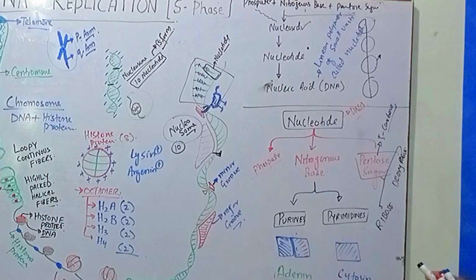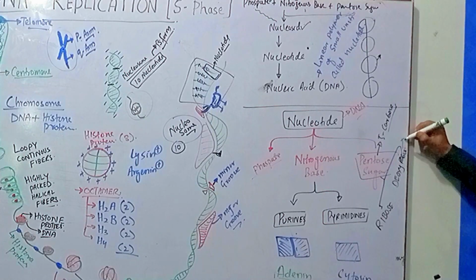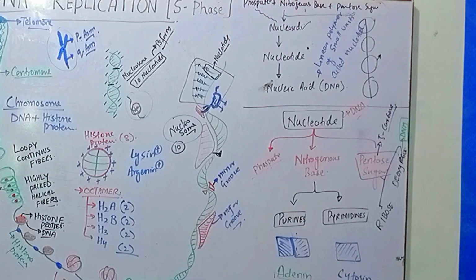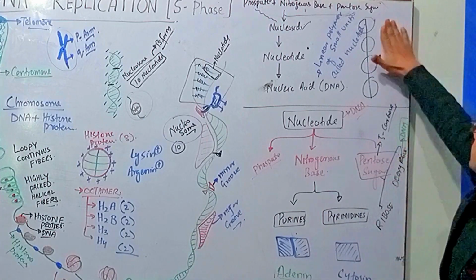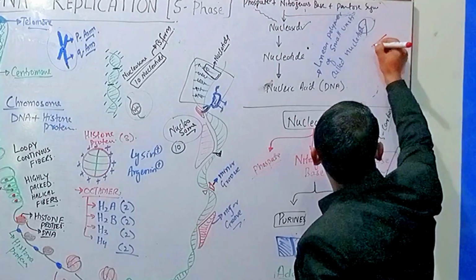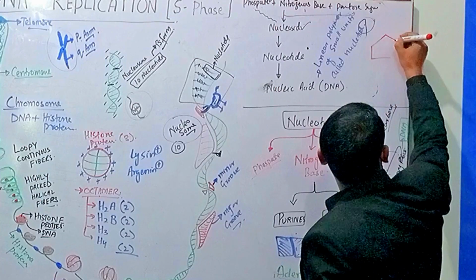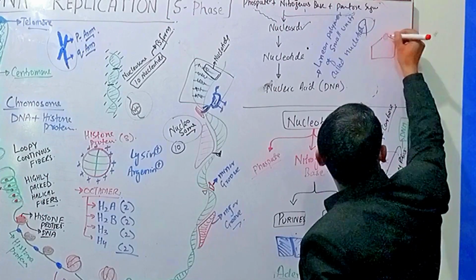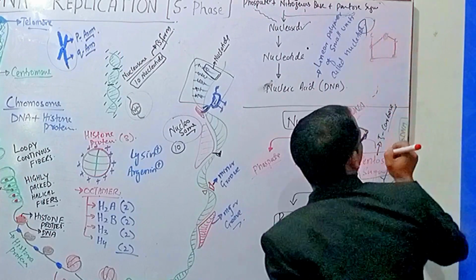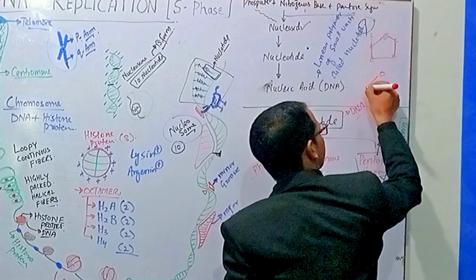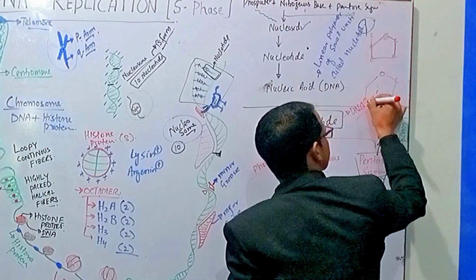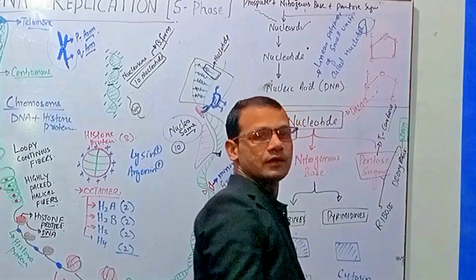In DNA, deoxyribose is present. For example, we take this pentose sugar here. I have this 5 carbon ring: carbon 1, carbon 2, carbon 3, carbon 4 and carbon 5. And this is another pentose sugar, carbon 1, 2, 3, 4 and 5, right?